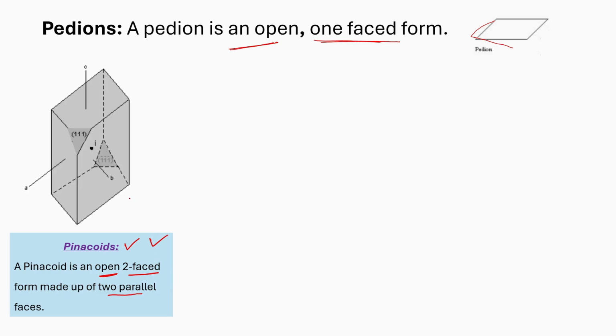Such forms are called Pinacoid. So here the criteria is that the number of faces is 2, and the symmetry should be parallel, that both faces should be parallel to each other.